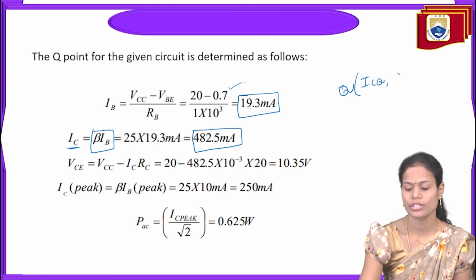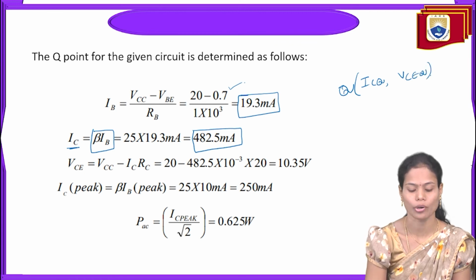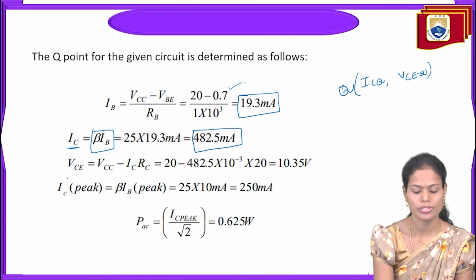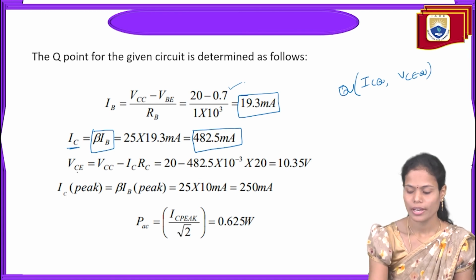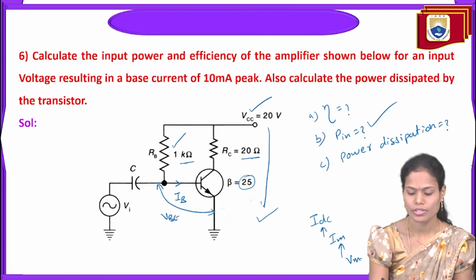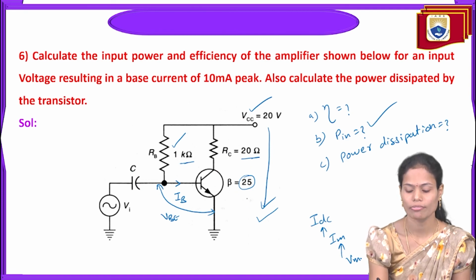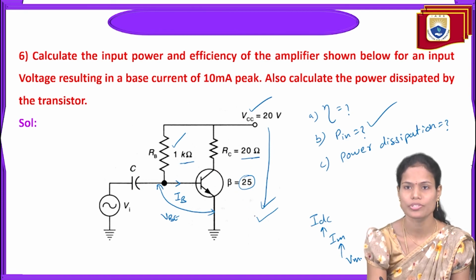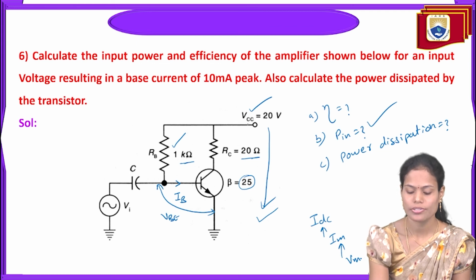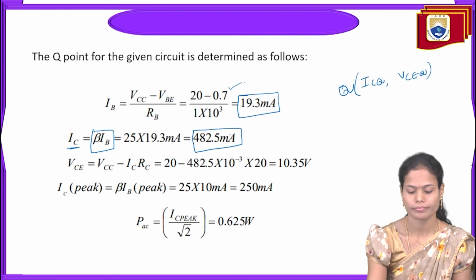So this collector current is one of the points of the operating point. Next we need to calculate VCEQ, the next point of the operating point. To calculate that VCEQ value, I am writing from the output side of the circuit, applying KVL. Across the output side, I get VCEQ = VCC minus the drop across RC, that is IC into RC.